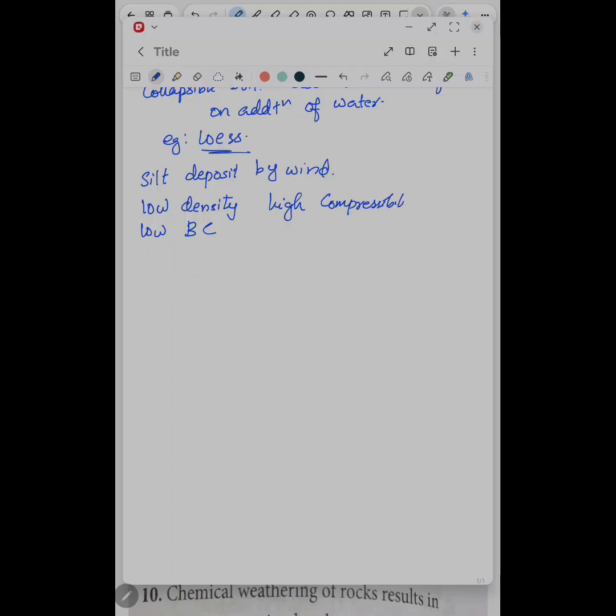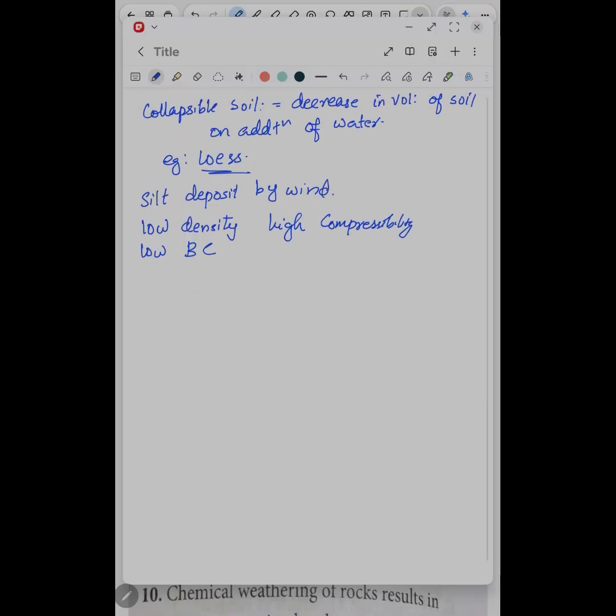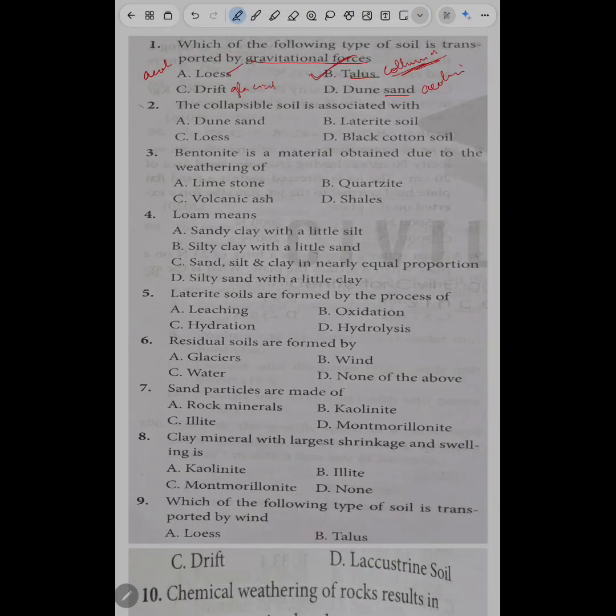So these are the peculiarities of loess. Loess is a silt deposit by wind. They have low density, low bearing capacity and high compressibility, and the soil volume decreases on addition of water. So these are called collapsible soil. Example is loess. So here the answer is loess. Option C is the correct one.